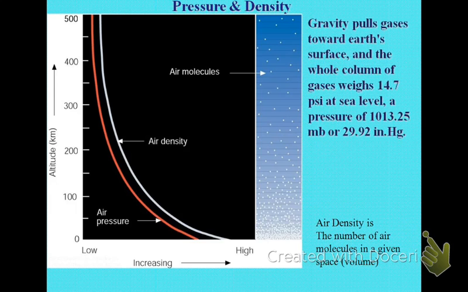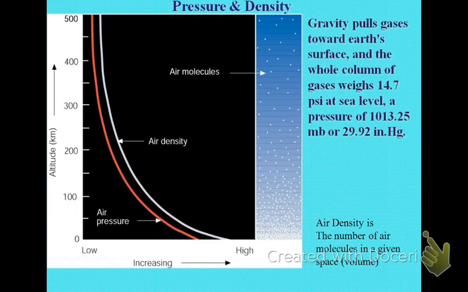Gravity, yeah. Our gravity pulls those gases towards the Earth's surface. A whole column of gas weighs 14.7 psi, or pounds per square inch, and remember that's a standard unit, at sea level. So if you're down in Florida looking at the ocean, that's how much the air is going to weigh above you.